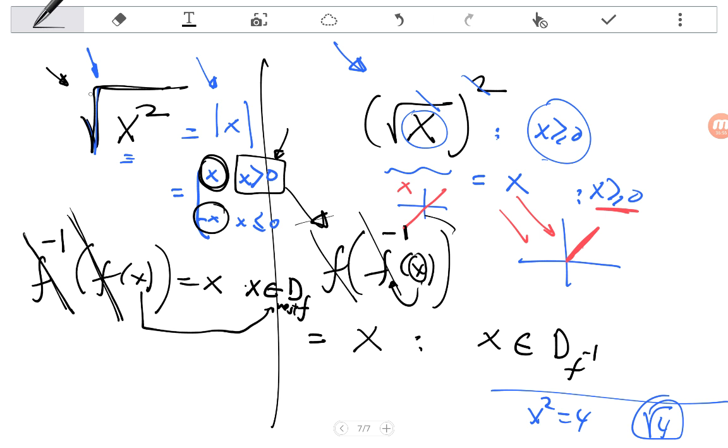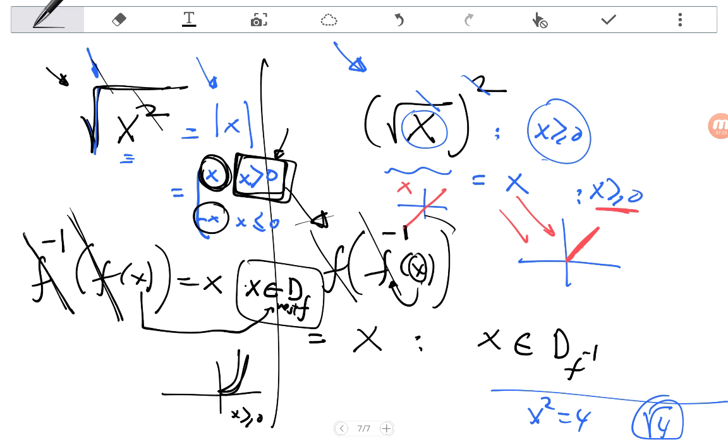Just take care: you don't cancel these by each other. You only cancel them in one case, when you are inside the restricted domain. What was the restricted domain of x squared? It was only the positive side. So this will give me only x, just when x is greater than 0.